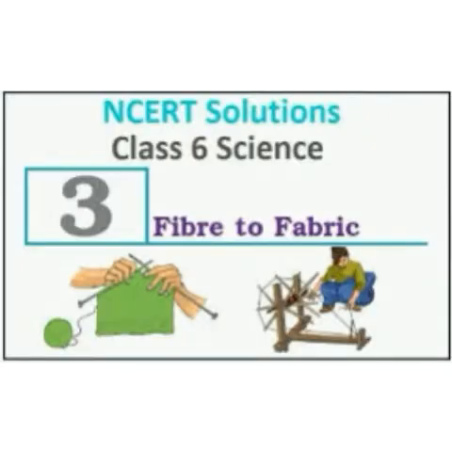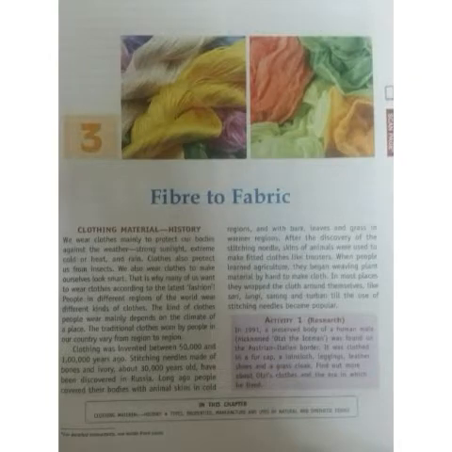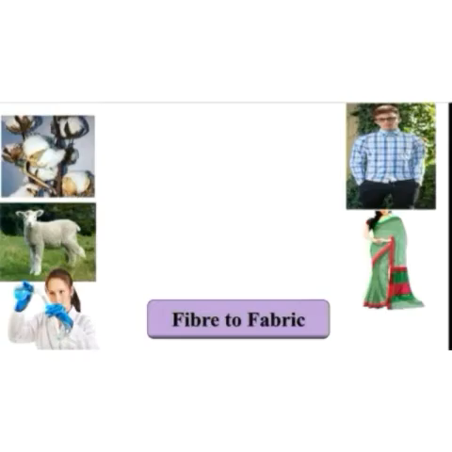Today, we will be covering the third chapter of our science textbook, that is Fiber to Fabric, page number 25. Students, this chapter is all about how this becomes that.